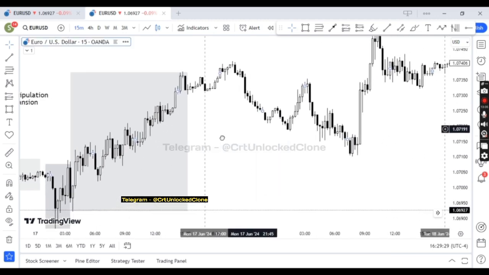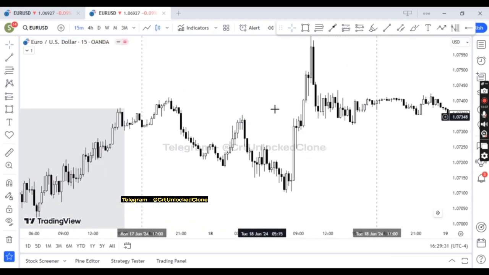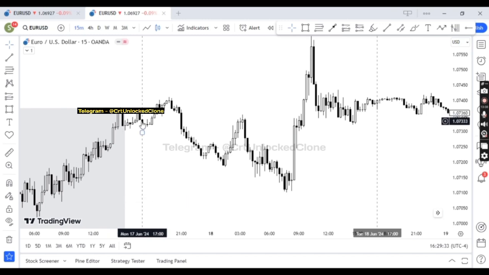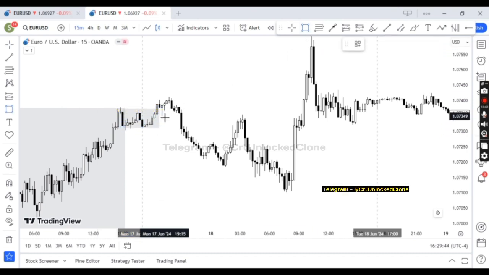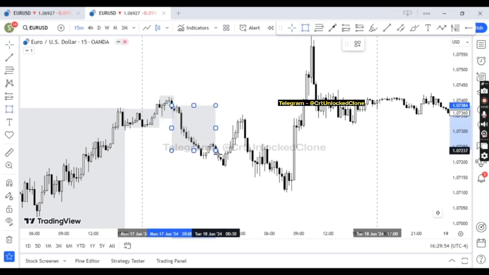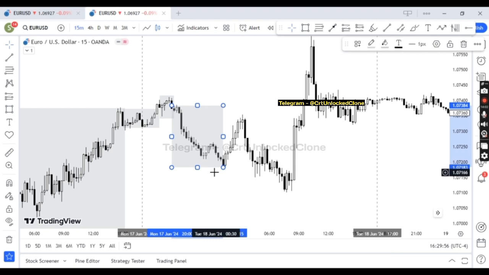Then again you can see right here, after this opening time we had a ranging profile. And then after a ranging profile we had a small manipulation profile which ended right here after price moved from this CSD and from this order block. And then we had, first of all, an expansion profile.